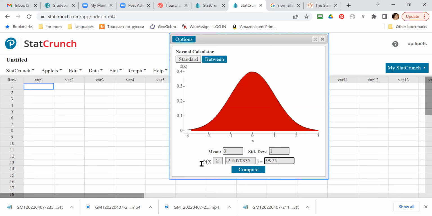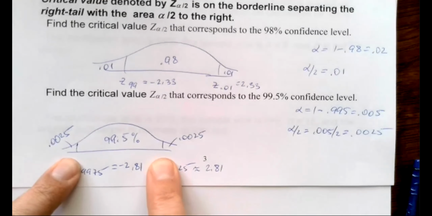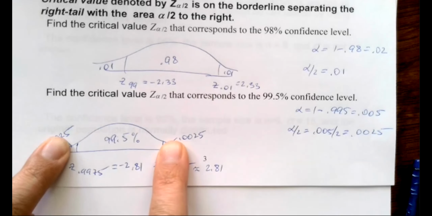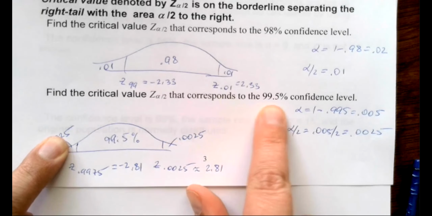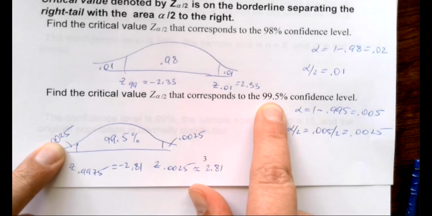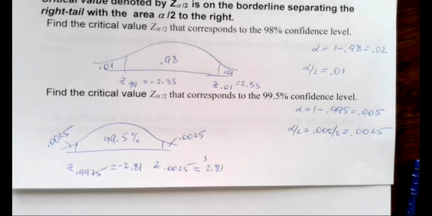Okay, so these are our critical values, and those are the values that separate our percentage in the middle, the percentage that we ordered, our accuracy value right here, from the rest of the values.